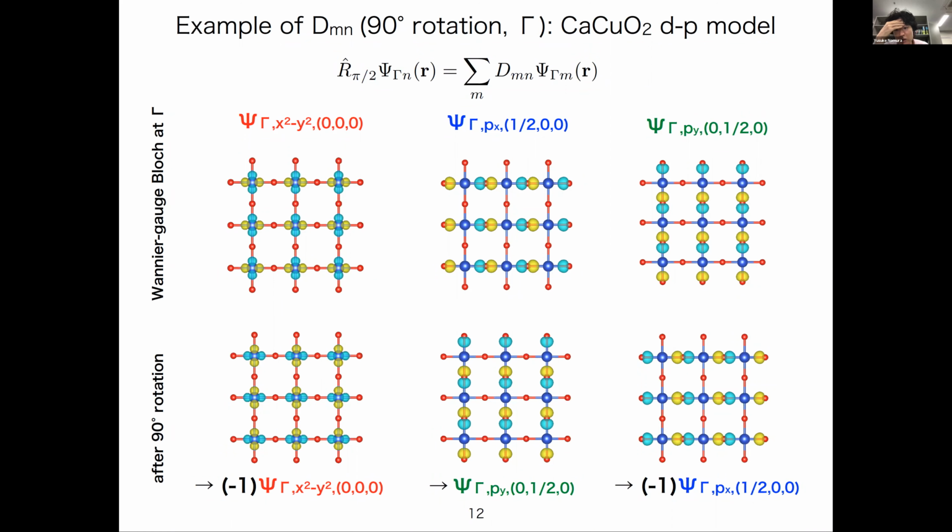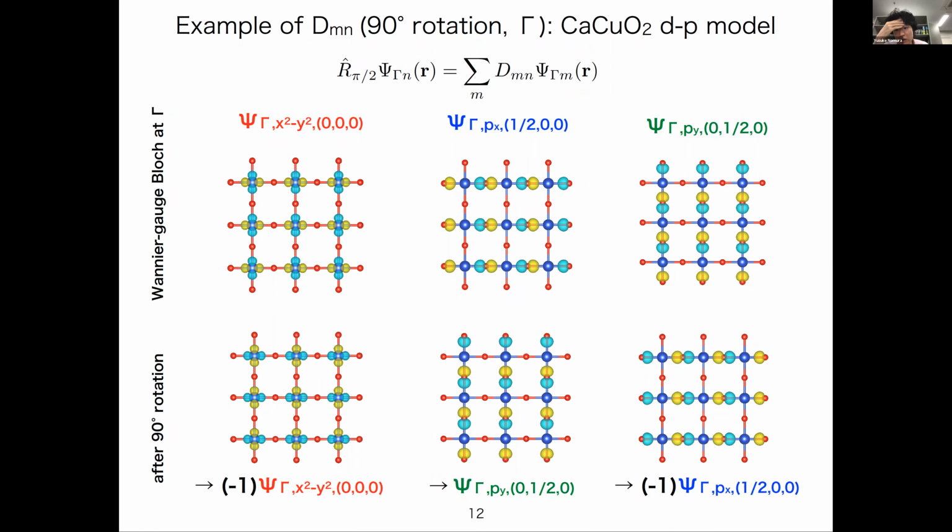So here we rotate 90 degrees like this. Then this Wannier function goes to this position. Then this agrees with the py like Bloch function at gamma point. So this looks the same, right?